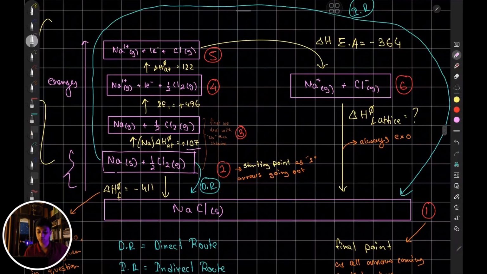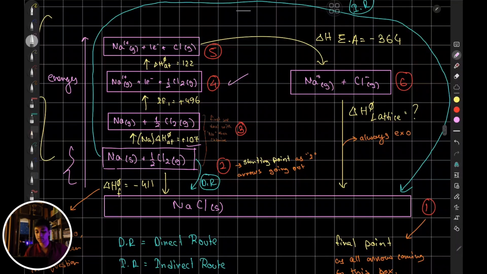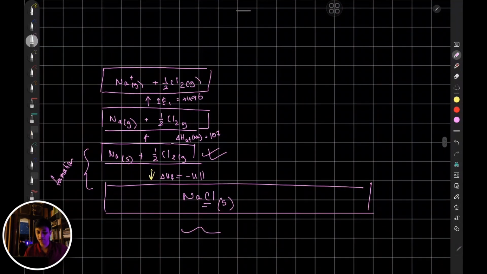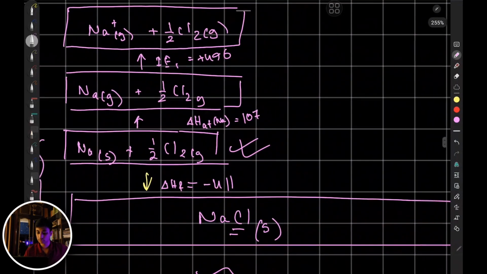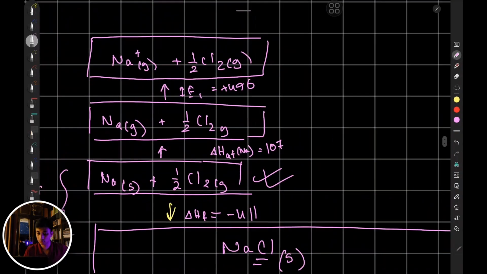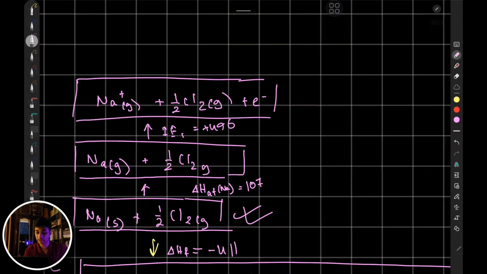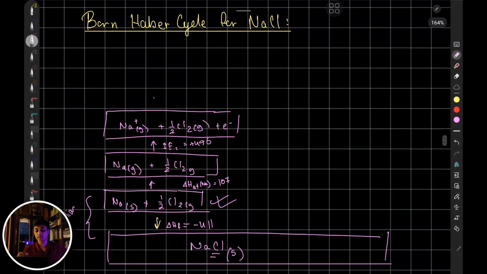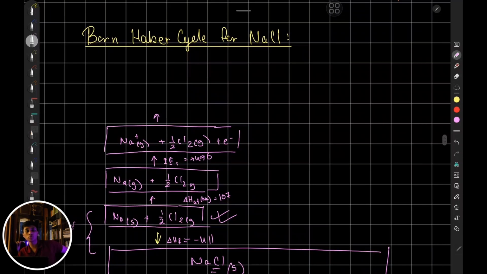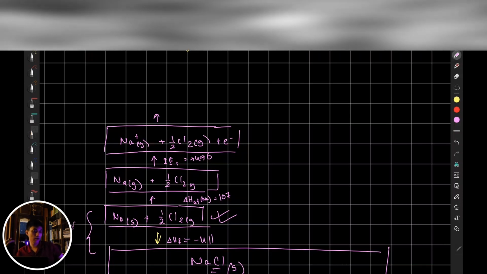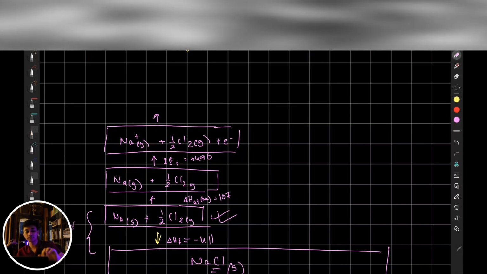Great. Next, after ionizing it, right, I forgot to write the electron. Right. So next we can work with the chlorine atom. And what are we going to do? First we are going to atomize the chlorine molecule and turn it into chlorine atom gas.